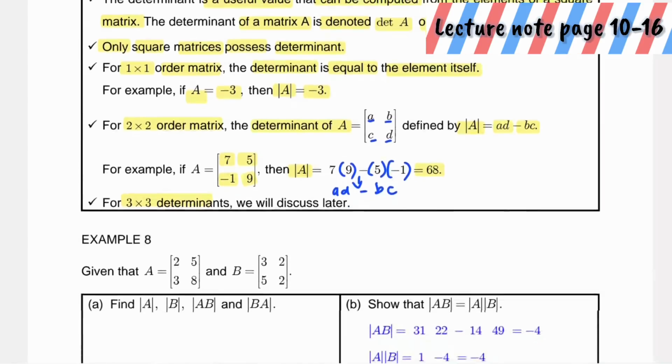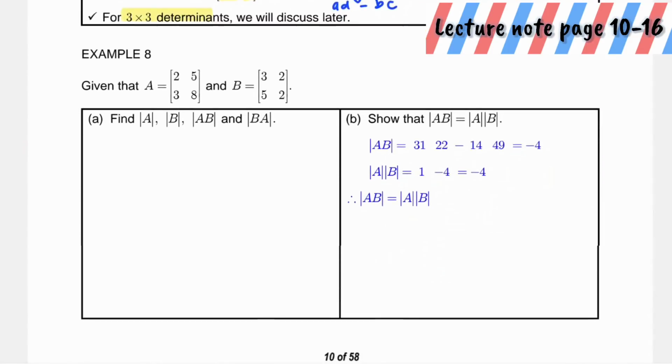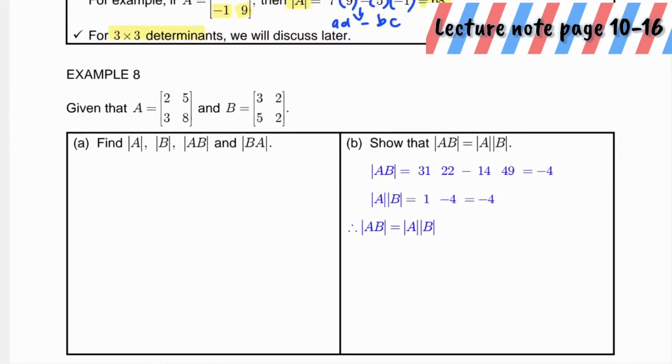So we're going to proceed to example 8. For example 8, you are given two matrices, both in the form of 2 by 2 matrix. The question asks to find the determinant of A, determinant of B, determinant of AB, and also determinant of BA.